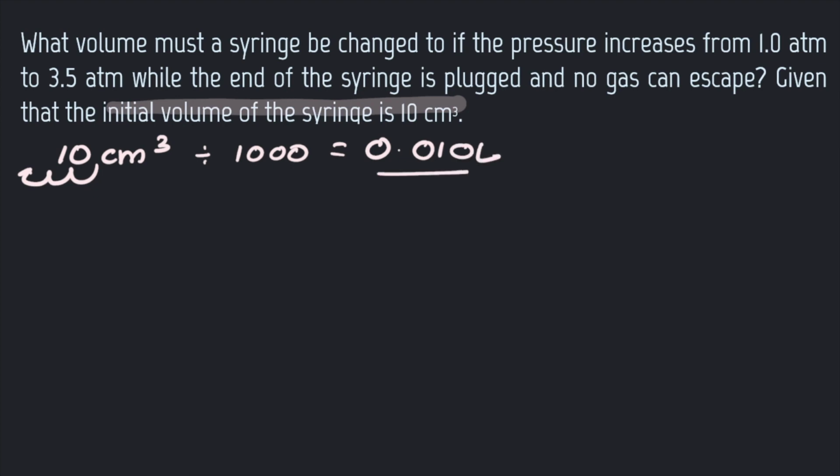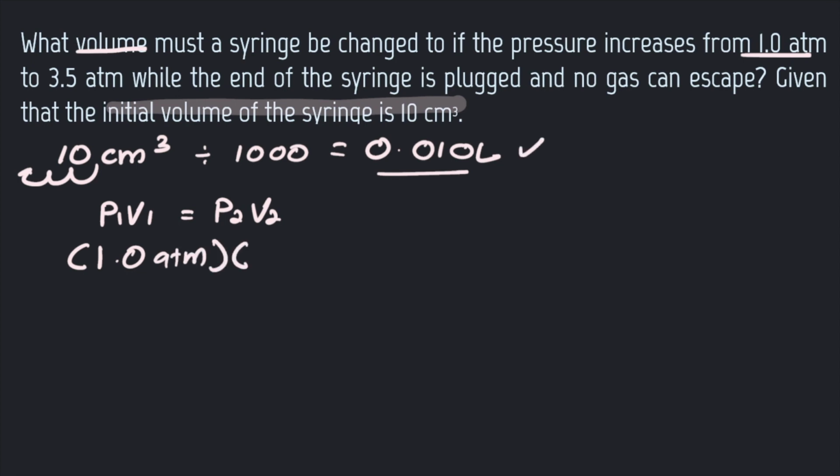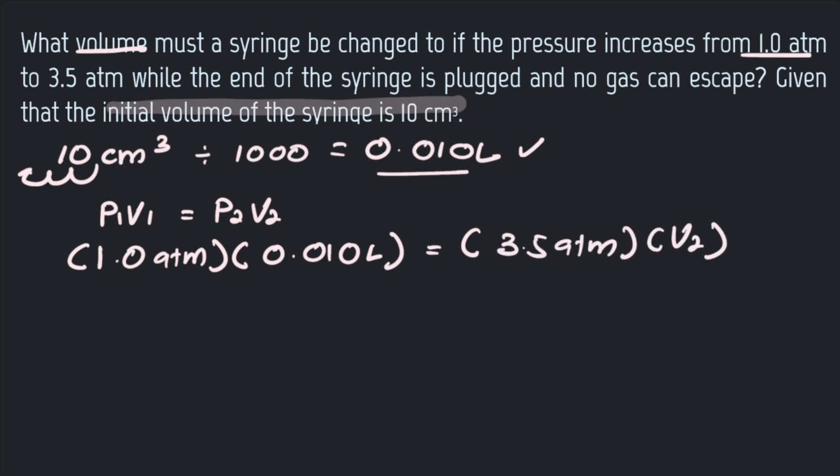If we look at the question, it asks what is the final volume. The best formula that you can use is P1V1 is equivalent to P2V2. The initial pressure is 1.0 atm, and the volume is what you have just calculated, which is 0.010 liter, is equivalent to the final pressure 3.5 atm, and you want to calculate V2.